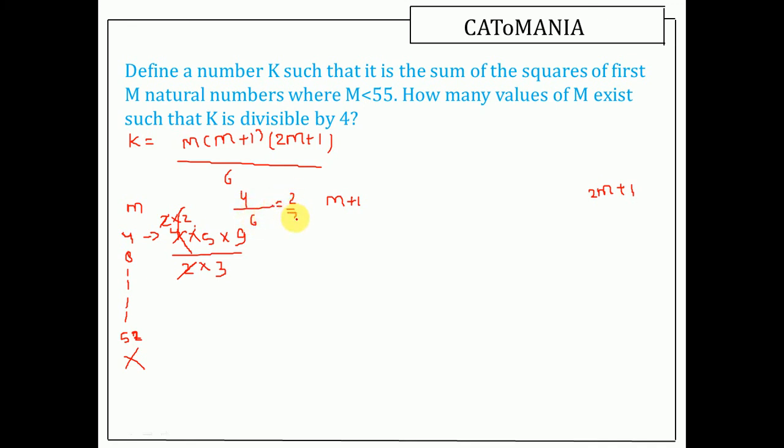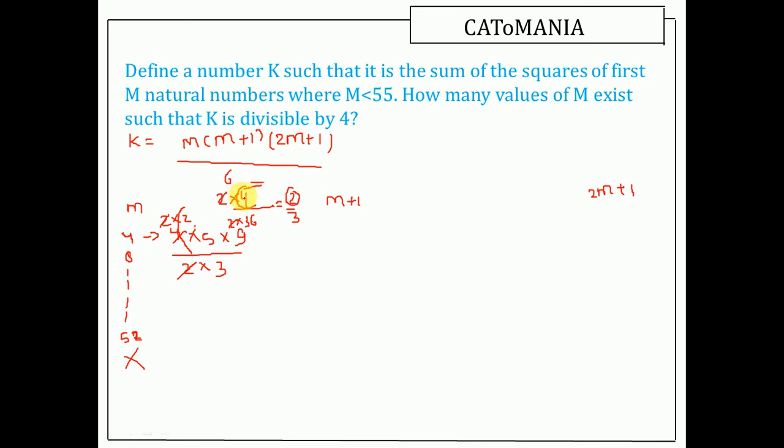It becomes 2 by 3, right? When we are taking m equals 4, it is a multiple of 2. What if we take one 2 extra, right? If we take one 2 extra, then this 2 will only cancel out this 2, and the rest part will be a multiple of 4.